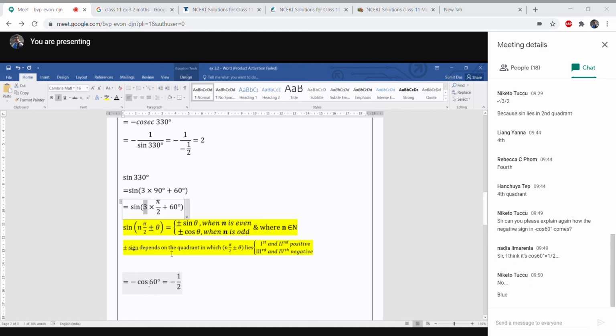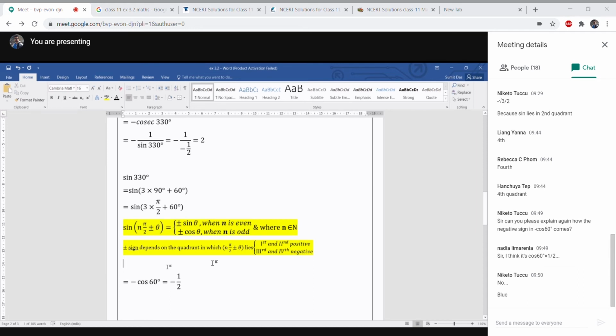Understood? Why minus? The plus or minus sign depends on the quadrant in which n pi by 2 plus minus theta lies. The whole angle value, in which quadrant it lies, will decide the sign of this trigonometric ratio. So we know that in the first and second quadrant the sign is positive, and in the third and fourth it is negative.